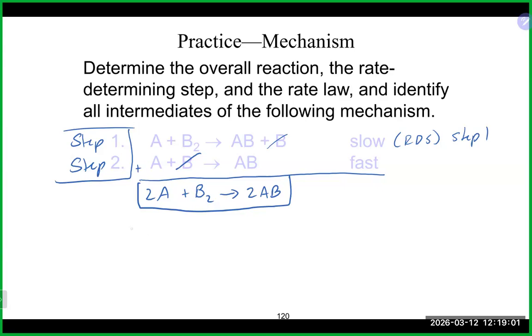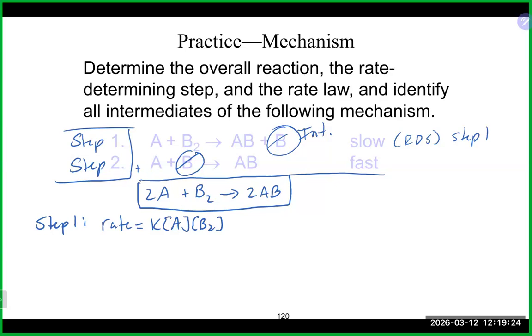So we can just take step 1 and write the rate law, which is rate equals k times A times B squared. That should be the rate law for this reaction because that is the slow step, the one that's holding up the line. And obviously here, our intermediate would be B.